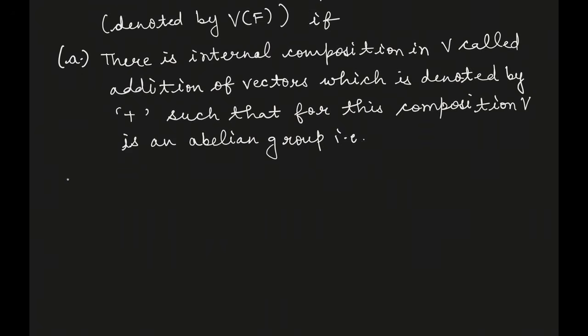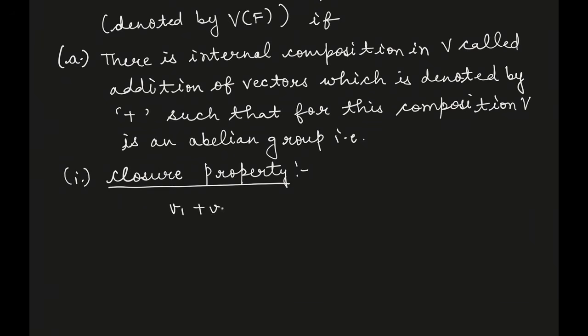First one, closure property. If I take two vectors, v1 plus v2 belongs to vector space V, for all v1, v2 belonging to V. Second property, associative property.